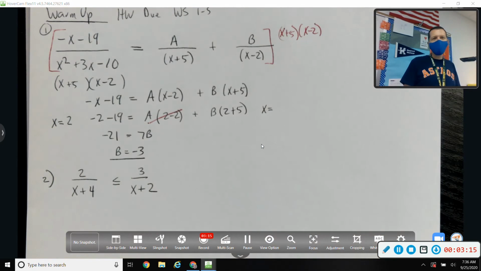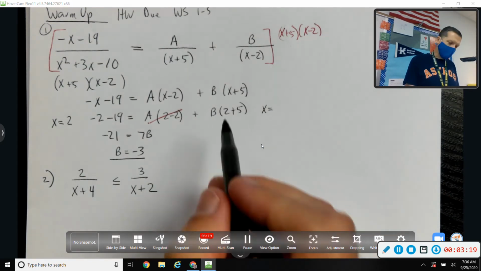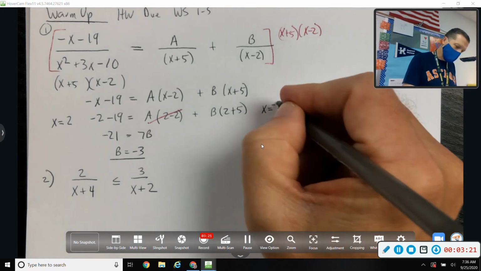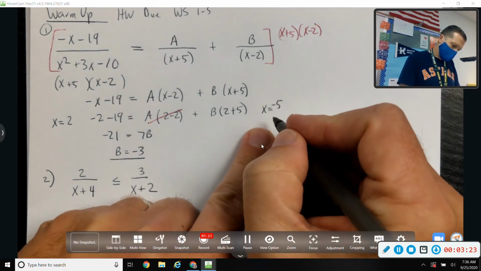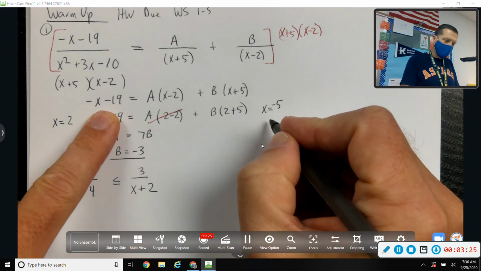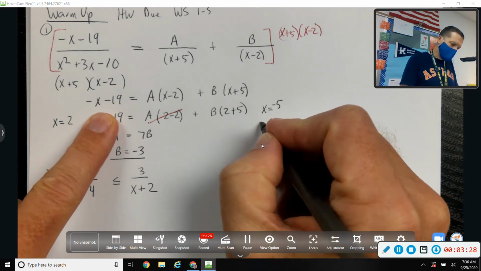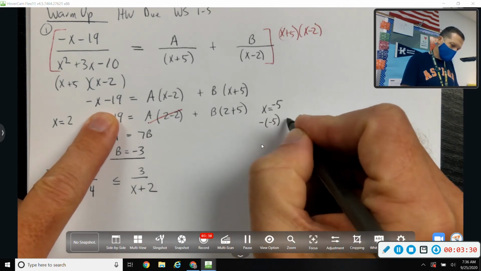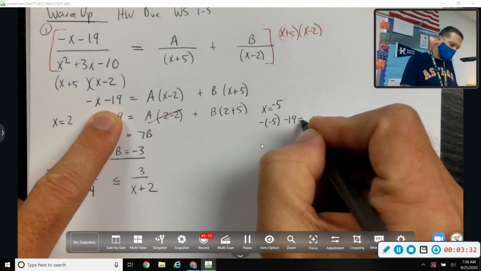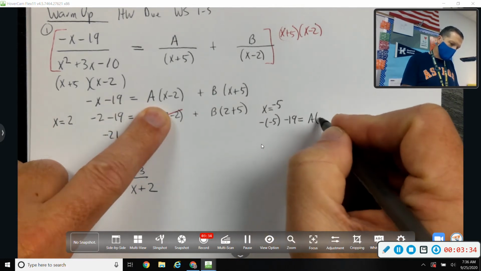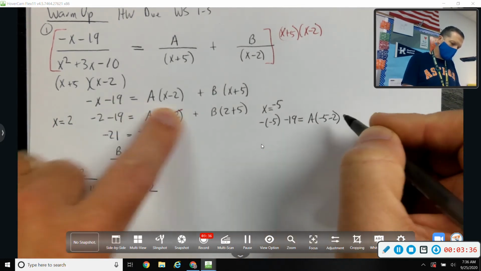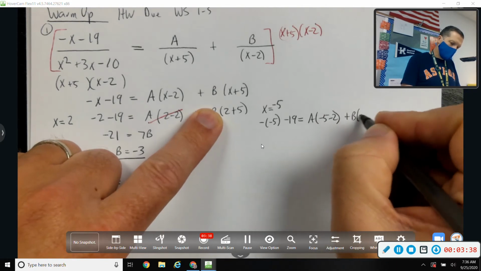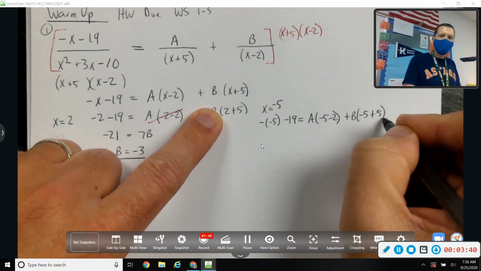What's another good pick for x? Negative 5, because that'll wipe out the other piece. So if I plug in negative 5, oh, careful, negative 5 minus 19 equals a times negative 5 minus 2 plus b times negative 5 plus 5.